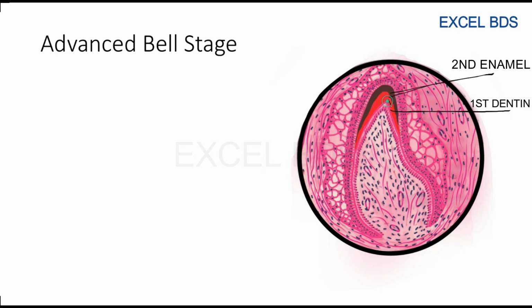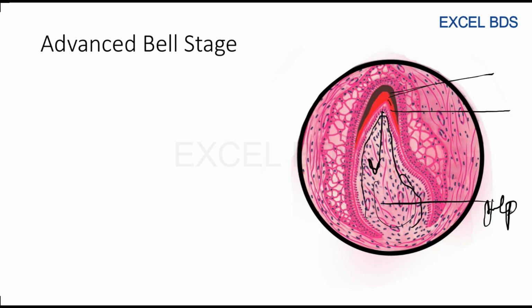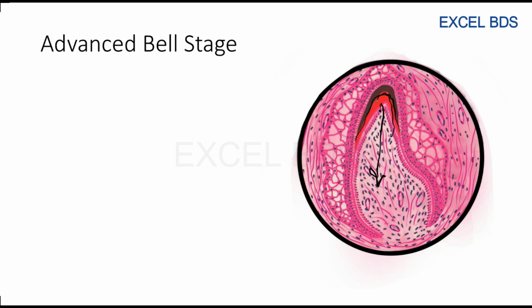The dentin formation will move pulpally, and this dental papilla is the developing pulp. So the dentin formation moves pulpally towards the root surface, whereas the enamel will go on depositing on the first layer of dentin upwards, that is cuspally, towards the cusp, right? So what all happens in the advanced Bell stage?